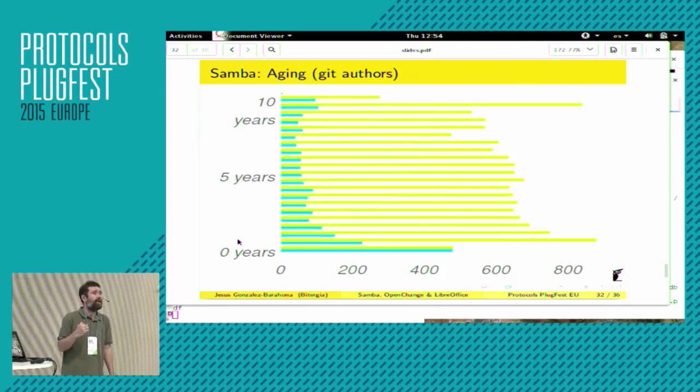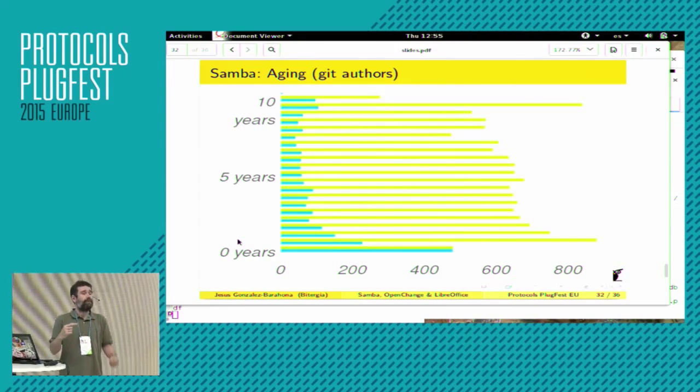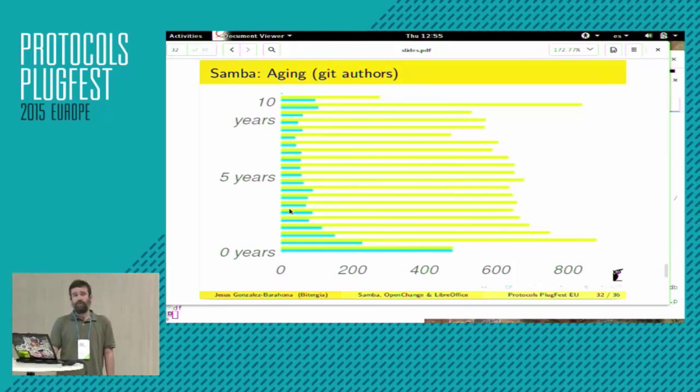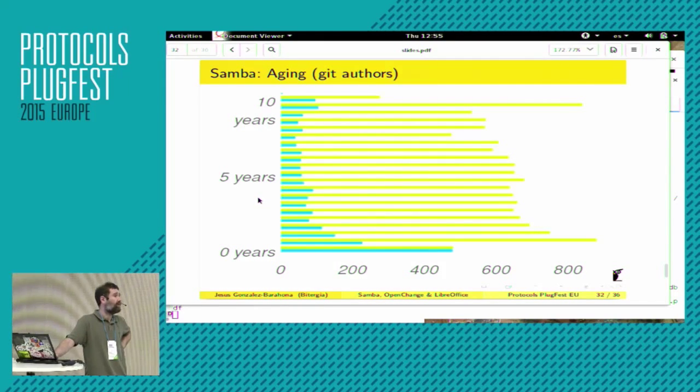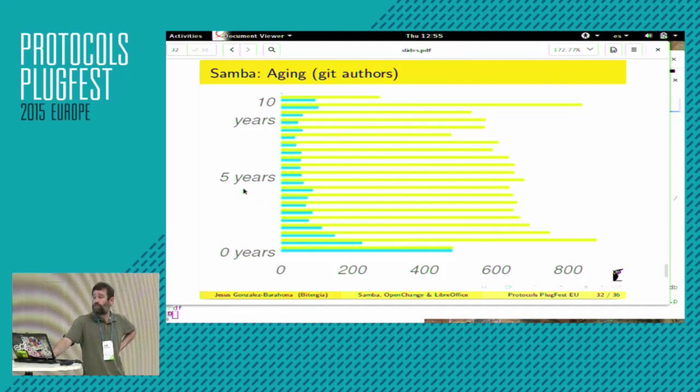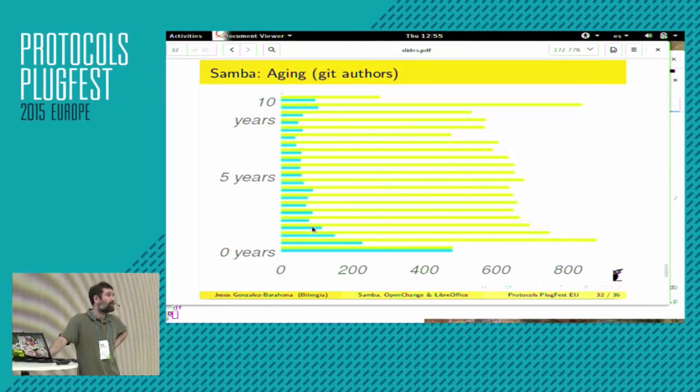So, for instance, if you look at this pyramid, and taking into account that it's very unlikely that people, once they have departed from a project, are coming back, you can infer at most how many people with, say, 5 years of experience in the project you are going to have 10 years from now. At most the people here, no more than that.